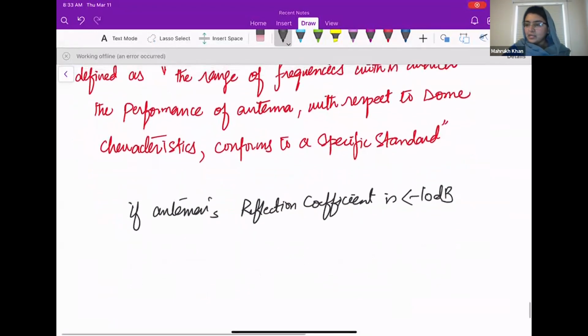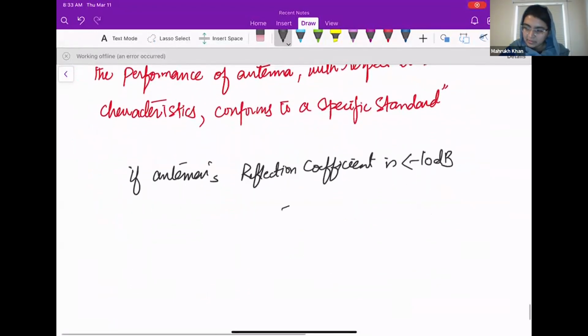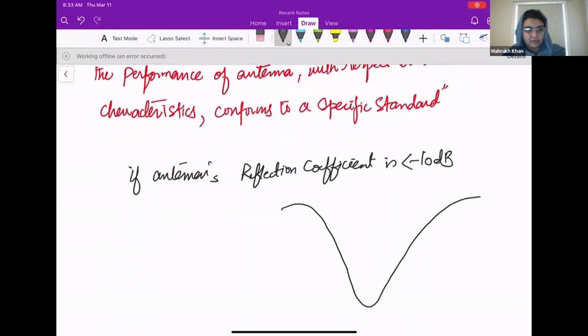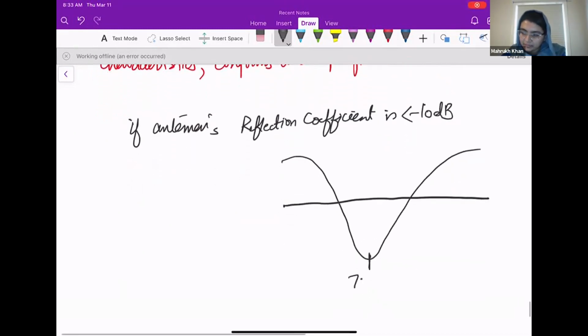So let's say this is your antenna's reflection coefficient that we were seeing in case of dipole, right? And we said that this was 75 megahertz. But what are these frequencies where it was crossing the threshold?